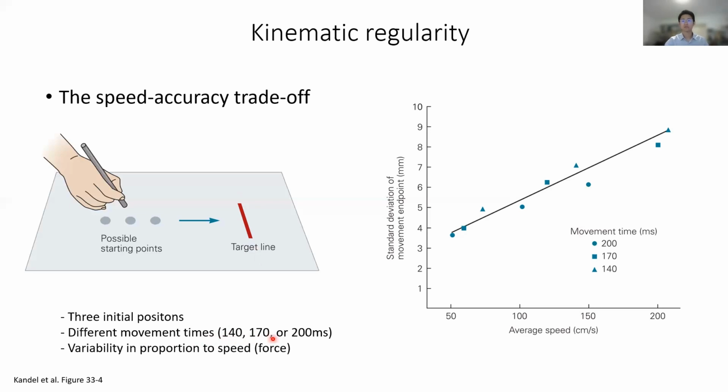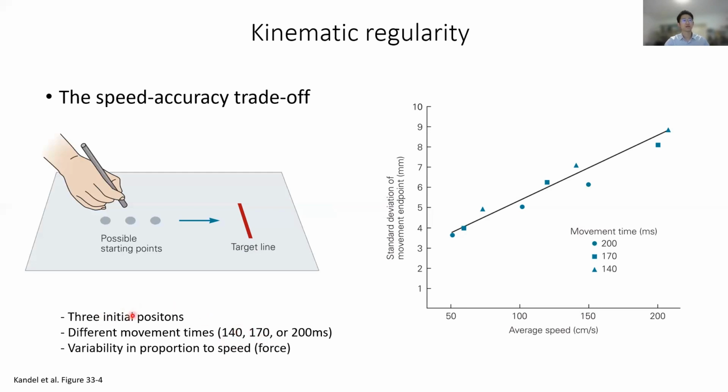During the experiment, the experimenter can control the movement times if the subject moves too fast or too slow. For example, they set a 10% threshold, and if the subject does not finish the movement in the desired duration, the movement is discarded and repeated.